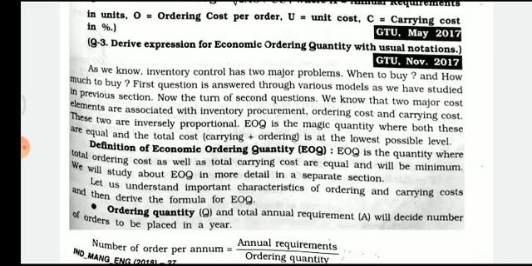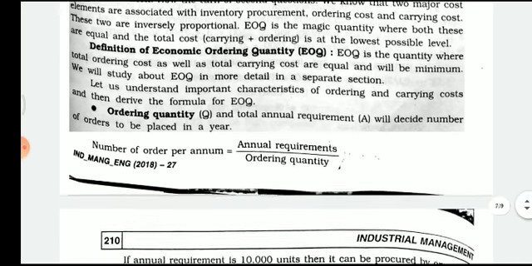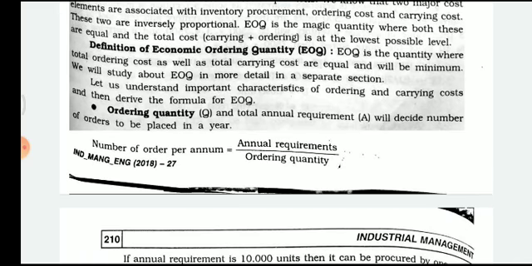We will study the EOQ in more detail in a separate section. Let us understand the important characteristics of ordering and carrying cost, and then derive the formula of EOQ.